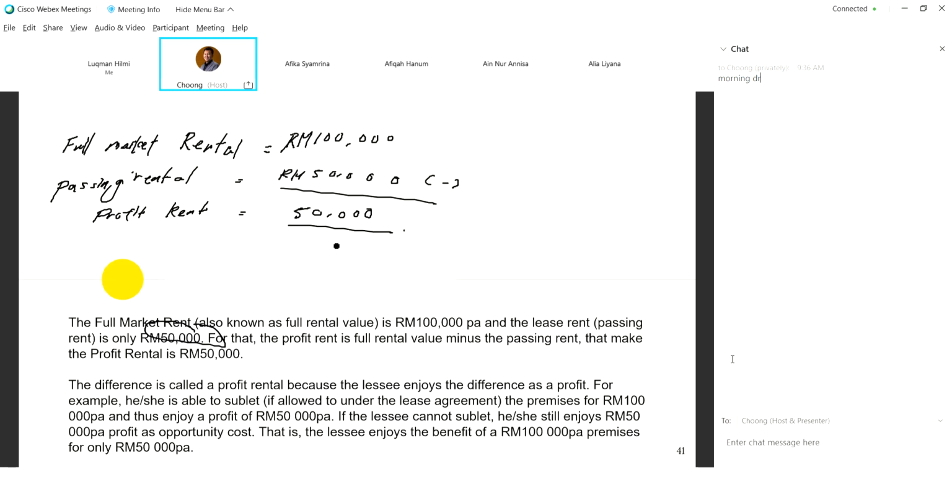So we can also say that in this case the profit rent sama dengan, sometimes they use the words FRV. FRV stands for full rental value, sama dengan full market rental. Lepas tu minus dengan your passing rental.